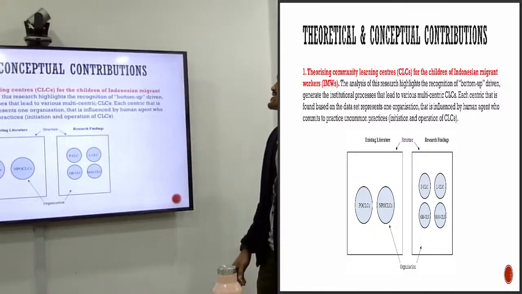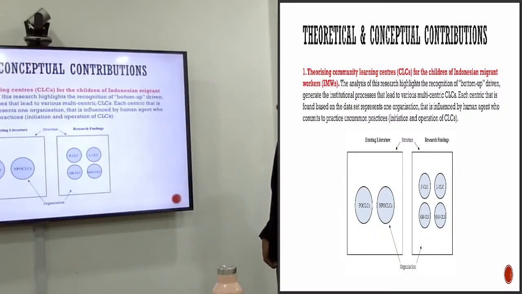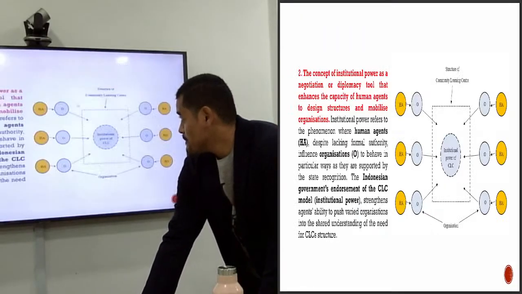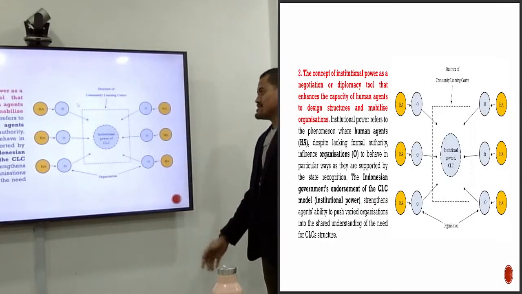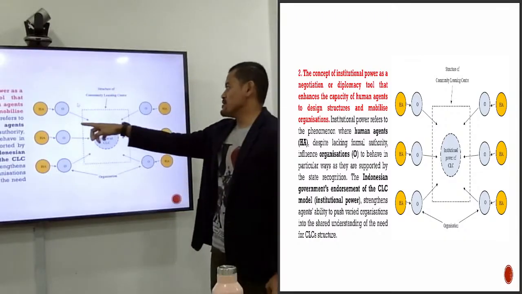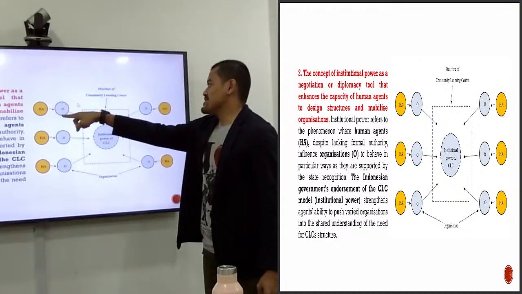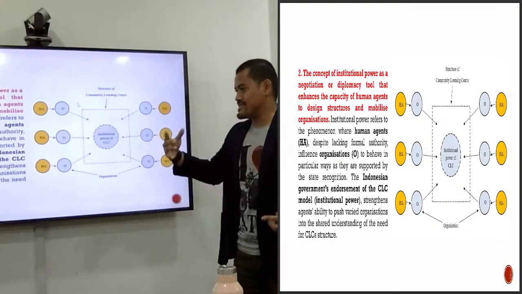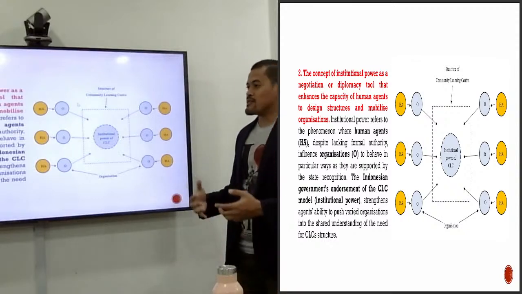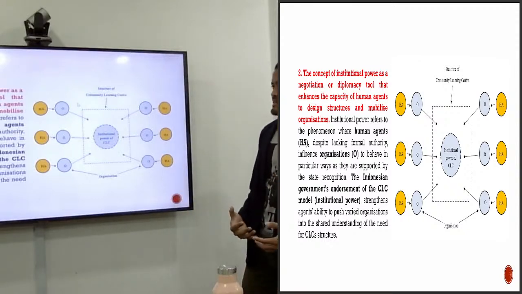My theoretical and conceptual contributions. First is theorizing the CLCs for the Indonesian migrant workers. Secondly, the one that I mentioned, which is the concept of institutional power. So human agent, organization. The human agent is the key actor, and the organization is the organization that is approached by the human agent.